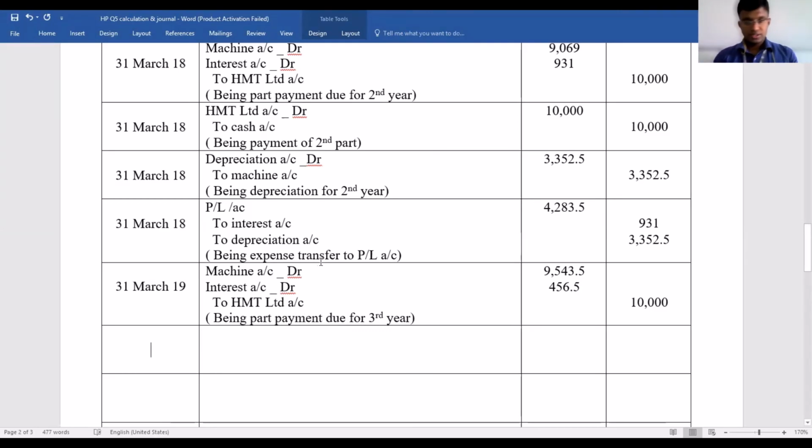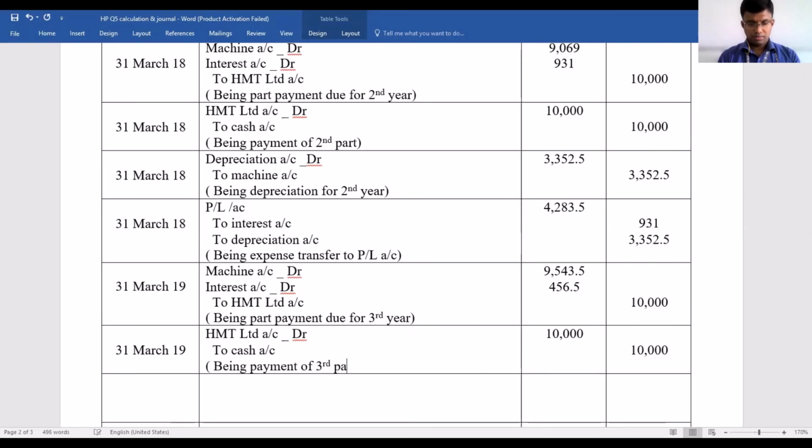Now, post this, what we have to do is make the payment. So 31st March 2019, HMT Limited account debited 10,000 to cash account 10,000, being payment of third part.